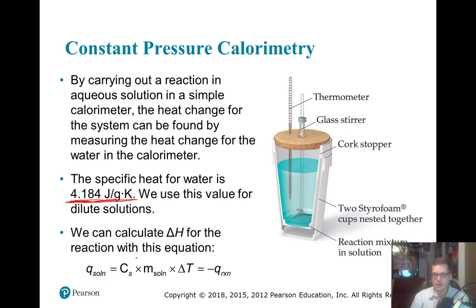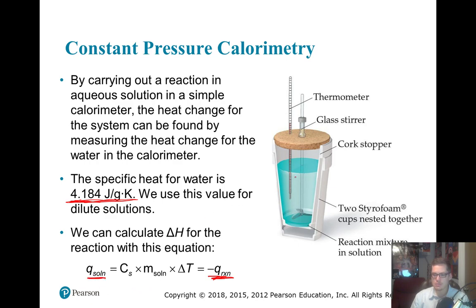Okay, and so essentially we can assume that our reaction is going to lose heat, right? It might gain heat, but it doesn't really matter. We can assume that the heat of the reaction is equal but opposite to the heat gained or lost by the solution.